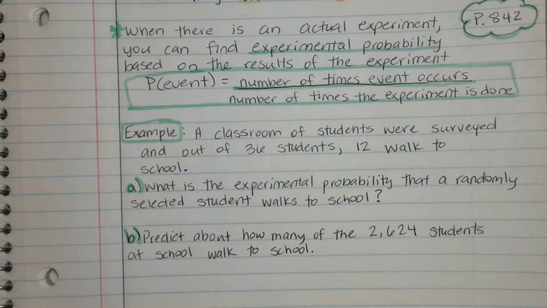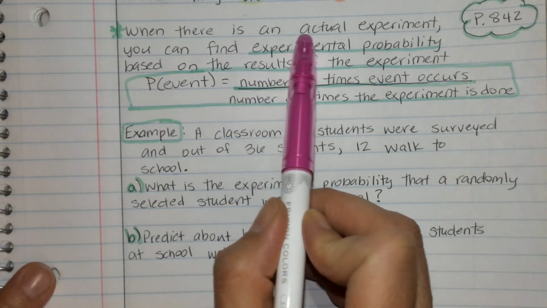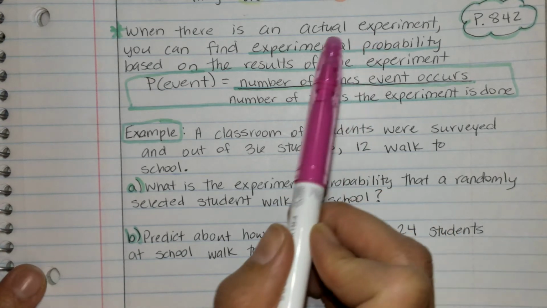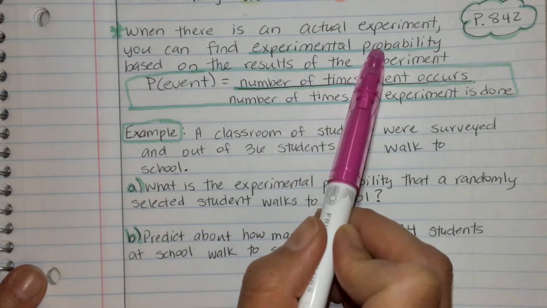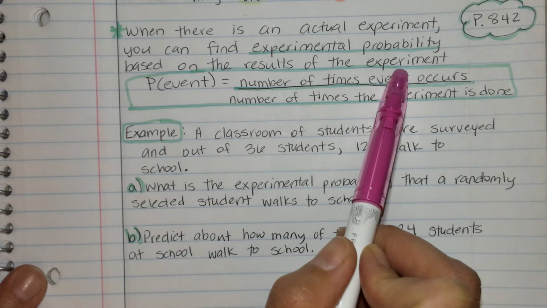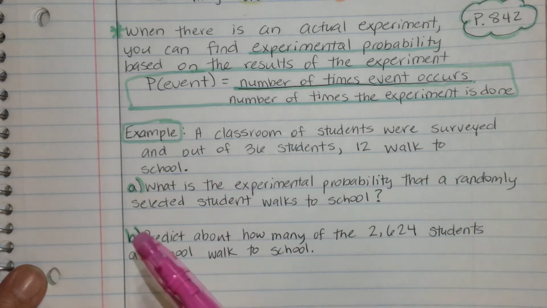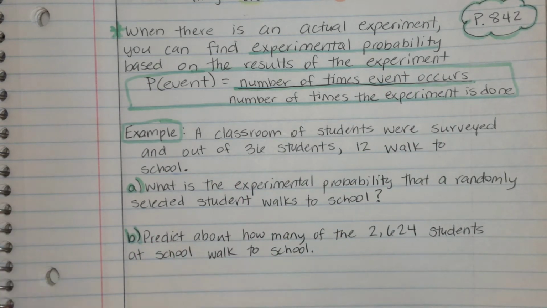So this says, when there is an actual experiment, you can find experimental probability based on the results of the experiment. For example, if you have a coin with two sides, heads and tails, in theory they are equally as likely to occur, a 1/2 chance of getting heads or 1/2 chance of getting tails.